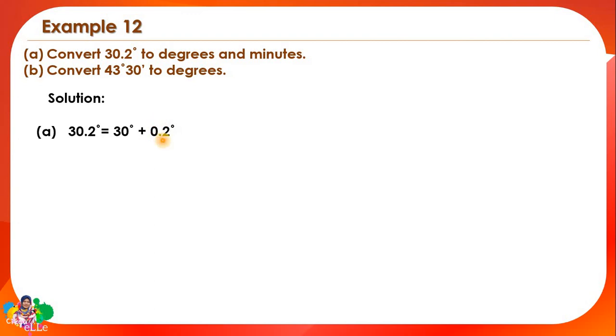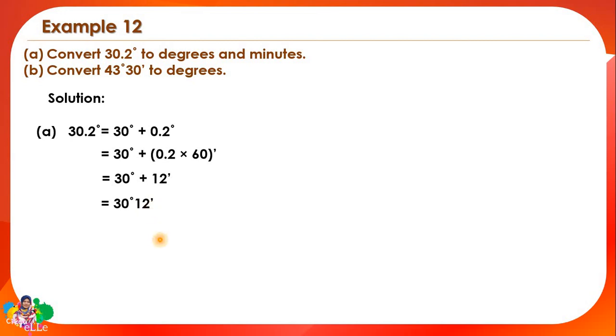By multiplying by 60. Okay, so 0.2 multiplied by 60 minutes. Then you get 12 minutes. 0.2 degrees is equal to 12 minutes. Okay, then you can write this figure as 30 degrees, 12 minutes.